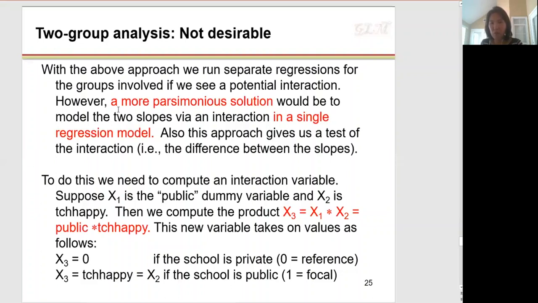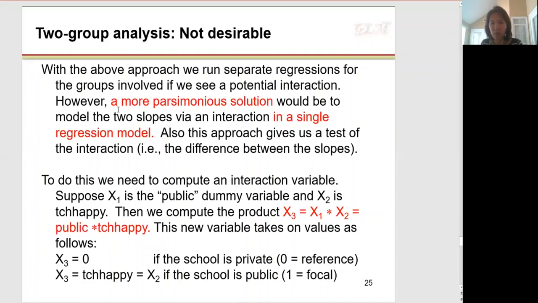Also, this approach gives us a test of the interaction difference between the slopes. To do this, we need to compute an interaction variable. Suppose x1 is the public dummy variable and x2 is teacher happiness. Then we compute the product x3 equals x1 times x2.